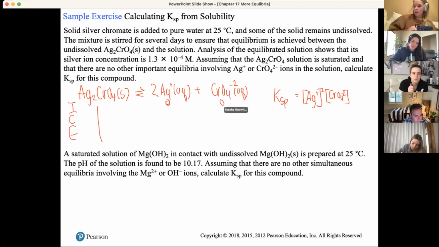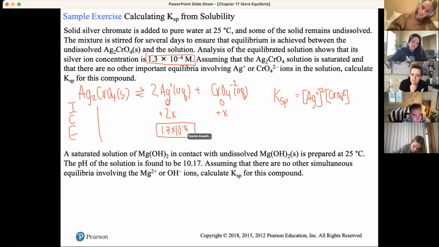So then, key thing here. Silver will go up, we would theoretically have a 2x, right? And 1x of chromate. But we know silver's concentration is 1.3 times 10 to the negative fourth. We know that value. So what do I need to do to get how much chromate dissolved?